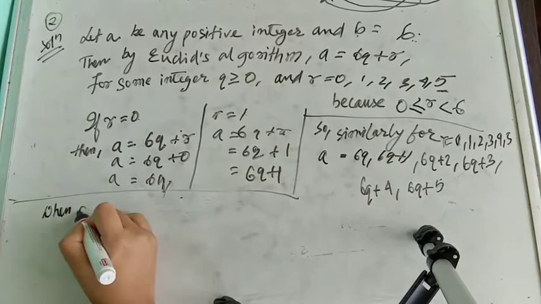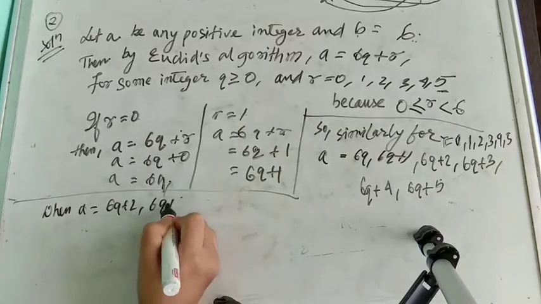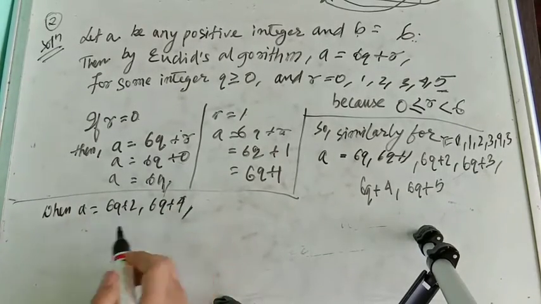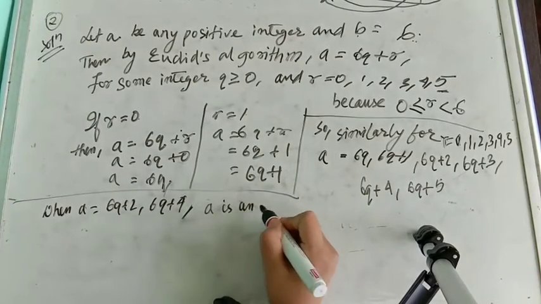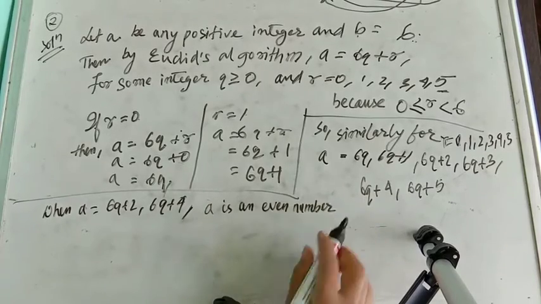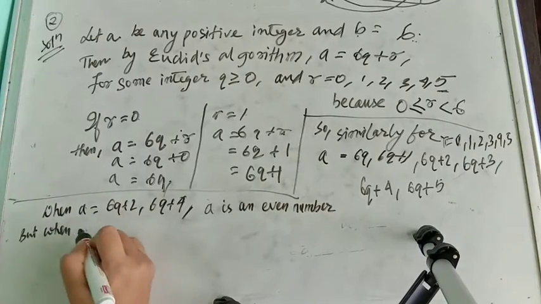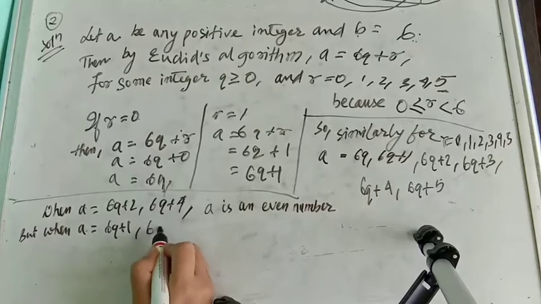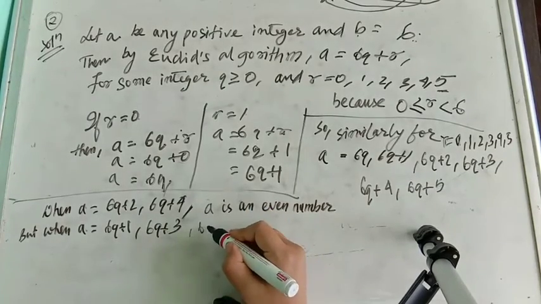So when we put R equals 0, 1, 2, 3, 4, 5, we get the value of A as 6Q. Next is 6Q plus 1, 6Q plus 2, 6Q plus 3, 6Q plus 4, and 6Q plus 5. So we can write that when A is equal to 6Q plus 2 or 6Q plus 4, A is an even number. But when A equals 6Q plus 1, 6Q plus 3, 6Q plus 5, A is an odd number.